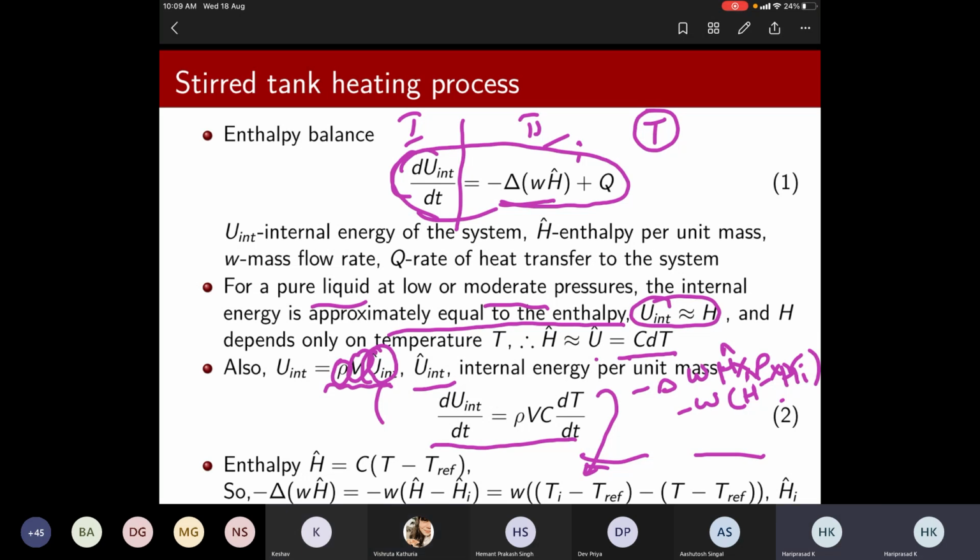Thanks. So see, this is basic thermodynamics. You have to only look at the convention of how an enthalpy balance is done. You got it? Yes, sir. So this is pretty straightforward. The only thing we have to look at is the sign of how the internal energy flow is happening.